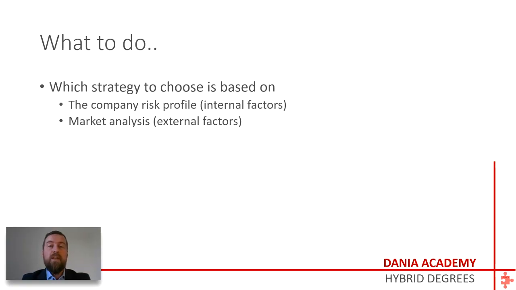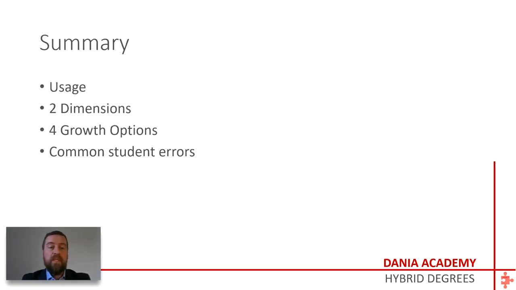Is there interest opening up from potential partners, customers, etc., that we can use? Based on that, we can see, okay, these are our options which are available. So to sum it up, we use it when we want business to grow. We have 2 dimensions, the market and the product dimensions, which give us 4 growth options.